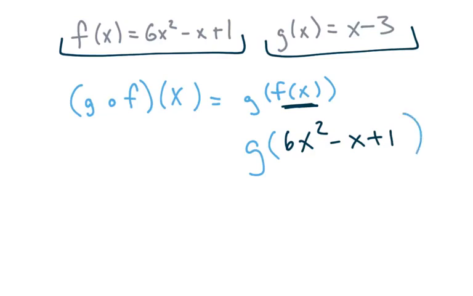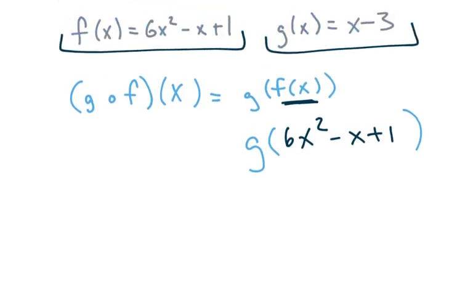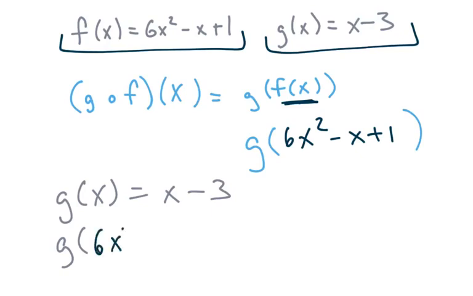Okay, and so this is now going to give me, given that g of x is x minus 3, and I give you g of 6x squared minus x plus 1.